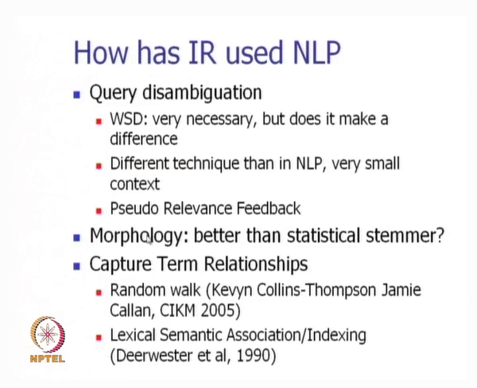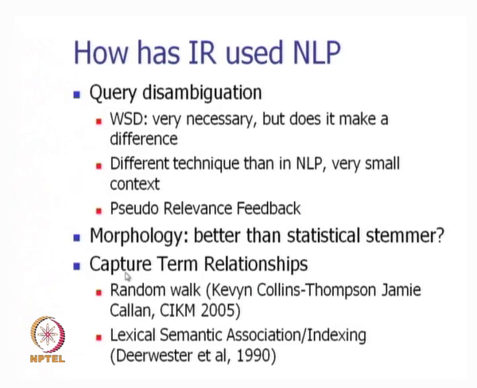So, morphology processing is a very NLP concern, and statistical stemmer has been the invention of information retrieval. So, do they come together? Can we do without elaborate morphology processing is a question to be answered. But yes, information retrieval has benefited from the morphology analysis, which linguistics and NLP has contributed to the field.